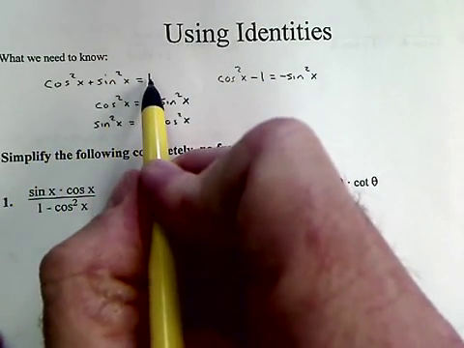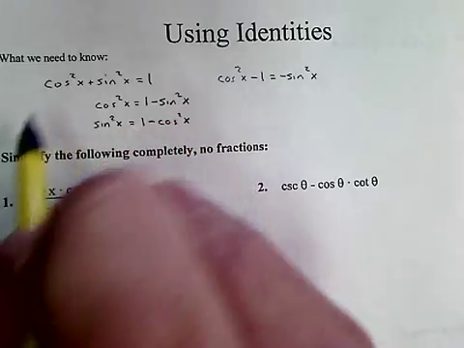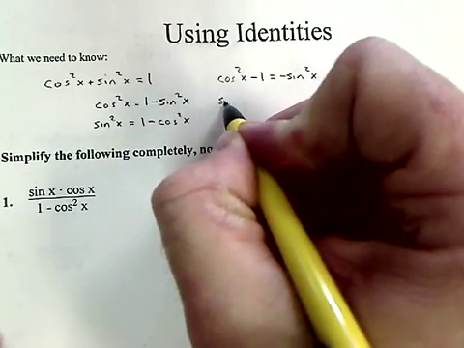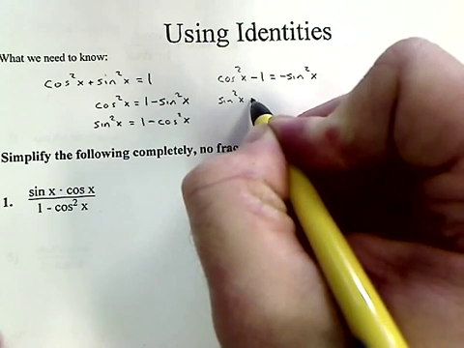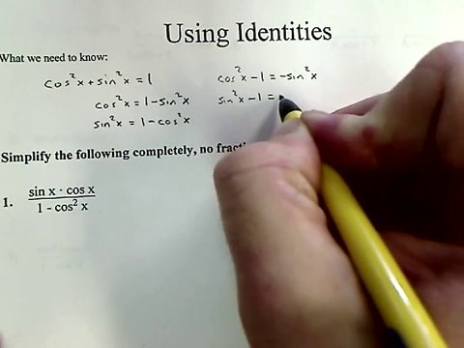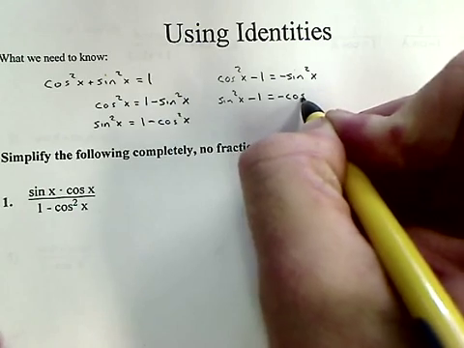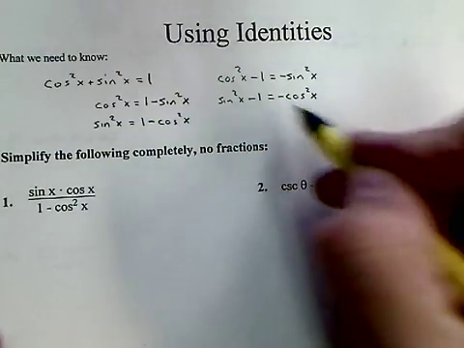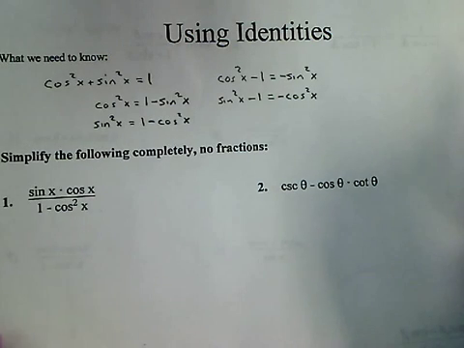Similarly, if you were to swap places with the 1 and the cosine squared, you would have sine squared minus 1 is equal to negative cosine squared. These two substitutions are very rare, but are the most challenging to remember.